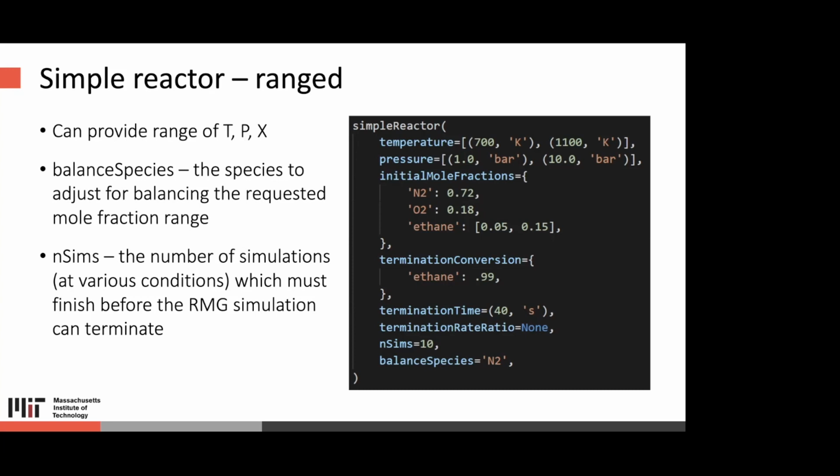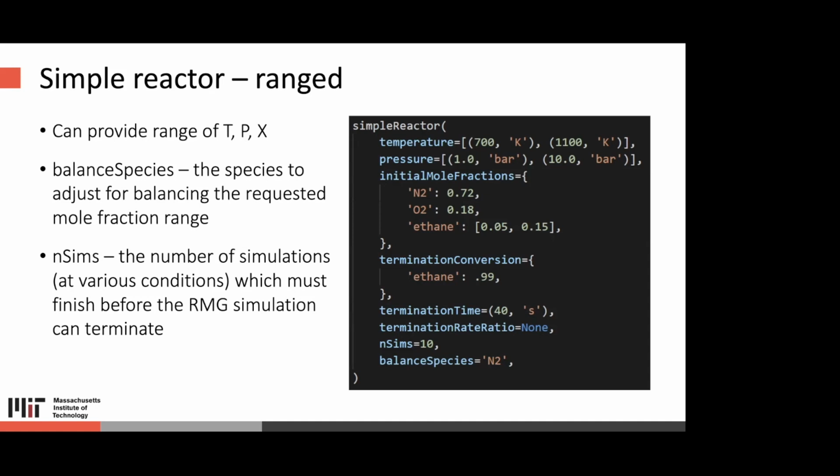Because here you specify a range, and RMG will somehow try to, I would say, evenly cover the overall range that you specify. For example, it would have a simulation at 800K and under 5 bar. So at this specified condition, it will try to simulate at least 10 times.